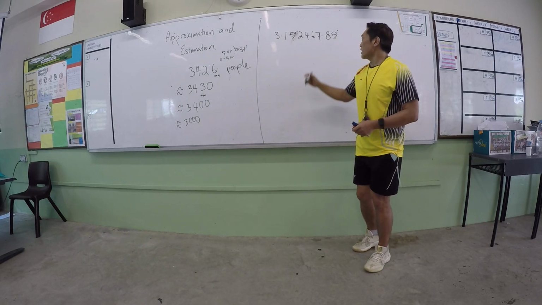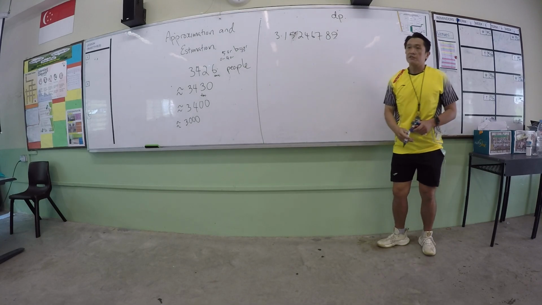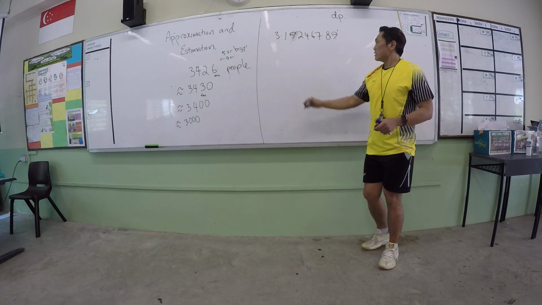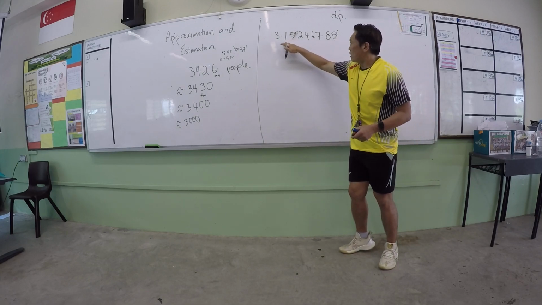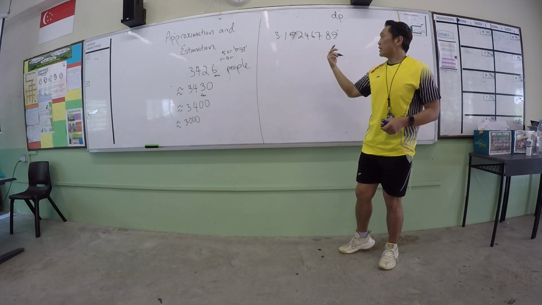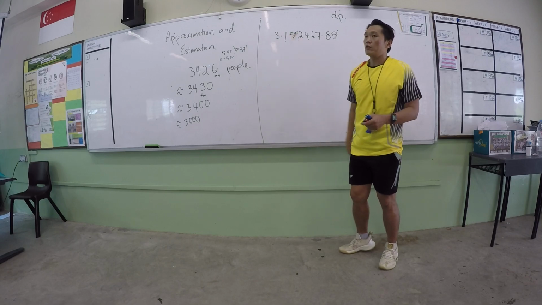If we are talking about rounding numbers off to decimal place, short form DP, we look at the number and think to ourselves, what is each of the decimal place? Okay, decimal place we count by the digit behind the dot.